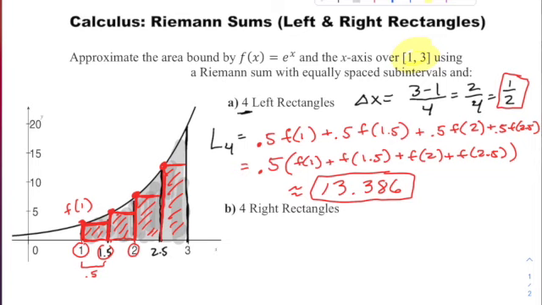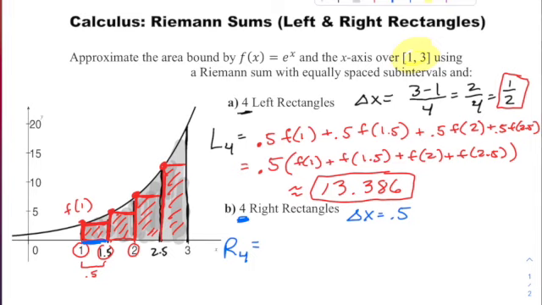Now let's talk about 4 right rectangles and how that is the same and how it's different. You're still making 4 objects, so my delta x is still that same 0.5 or 1/2. The only difference here is which side of the interval you use as the height. So now I'm going to be doing right sub 4, and they're all going to have that 0.5 base.